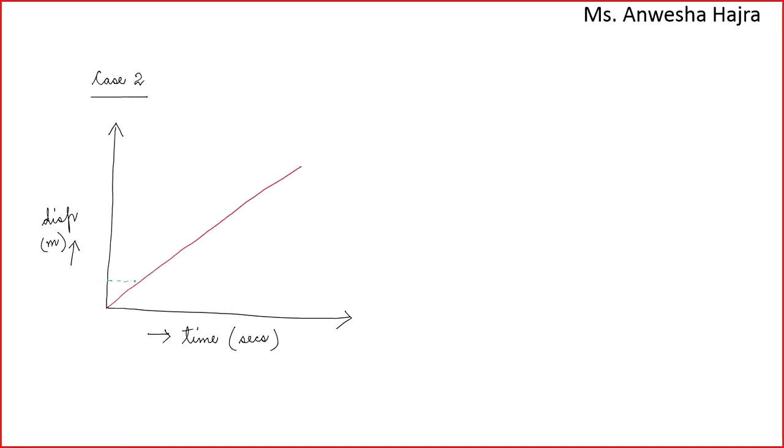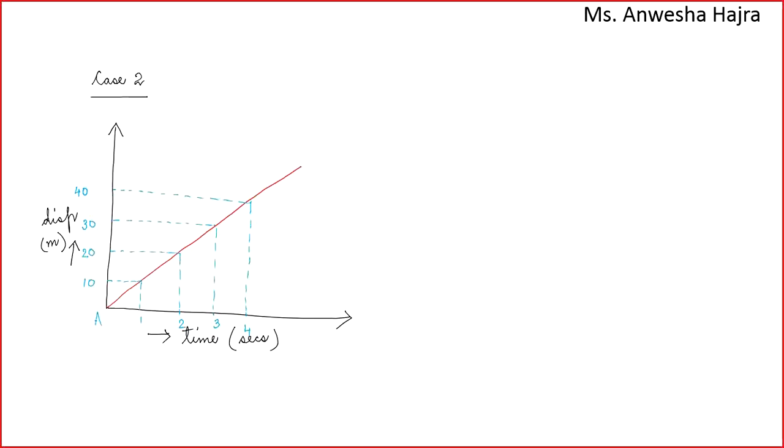Say 1 second, displacement is 10, two seconds, displacement is 20, three seconds, displacement is 30, four seconds, displacement is 40, and so on.